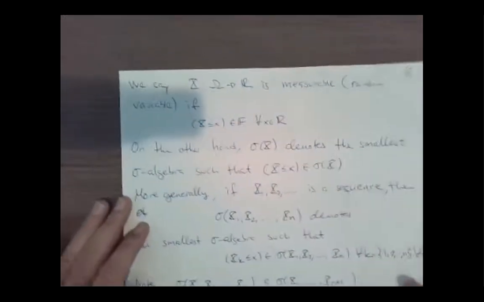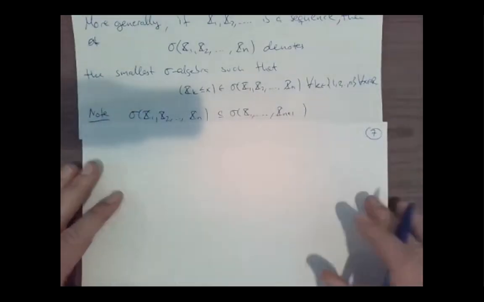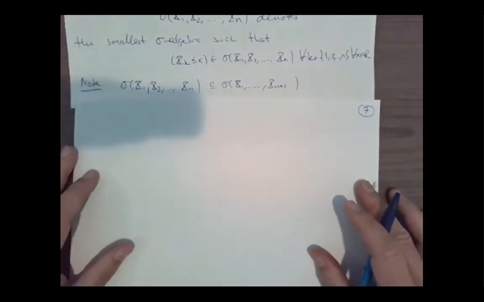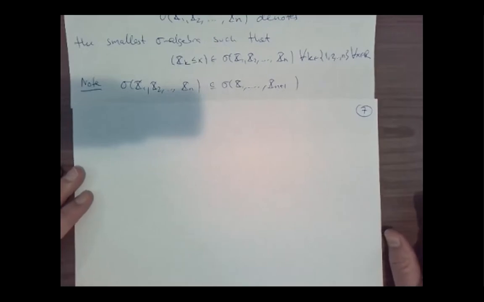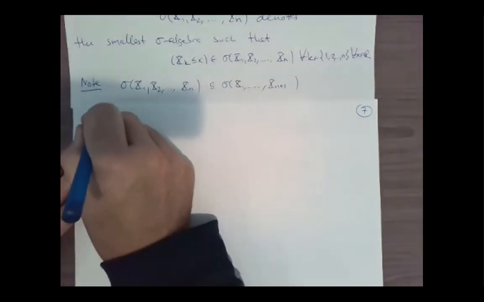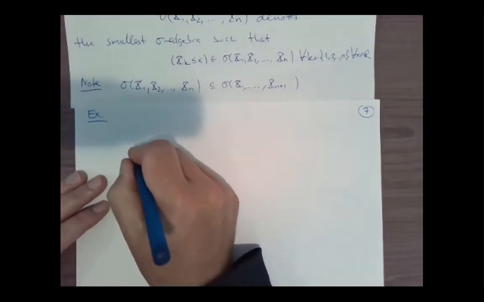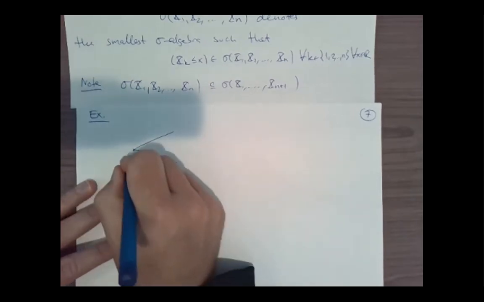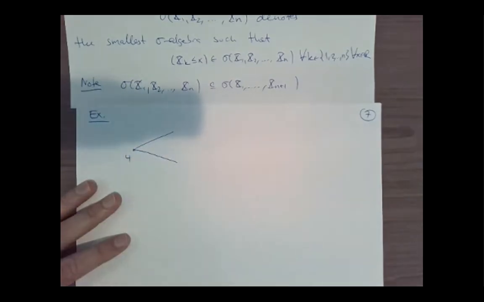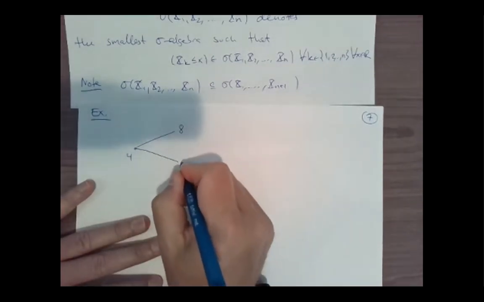So let me try to illustrate this in a specific example, so we can see what's actually going on in a simple setting relevant to our binomial model. Let's just do a 2-period model. We had looked at a model where the stock price would start at 4, go up to 8, or go down to 2.